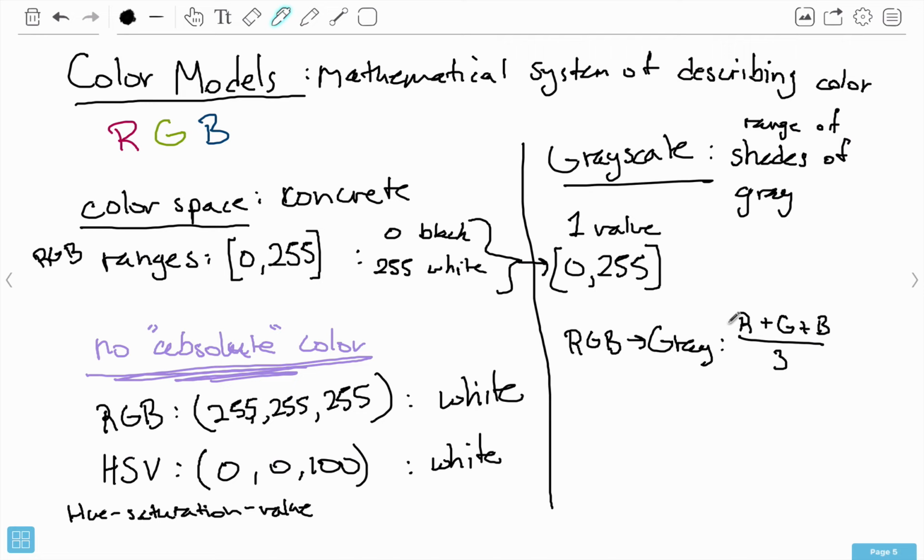You see that we can convert from RGB to Greyscale, but converting from Greyscale to RGB is not really easy to do. That's because when we initially convert to Greyscale, we lose information. Because R plus G plus B is a sum, there's no way to recover which portions of RGB were actually being used.